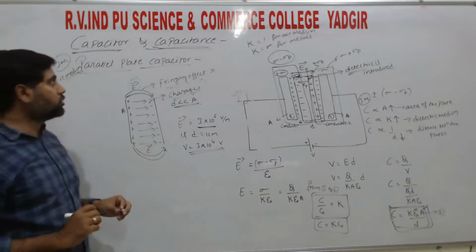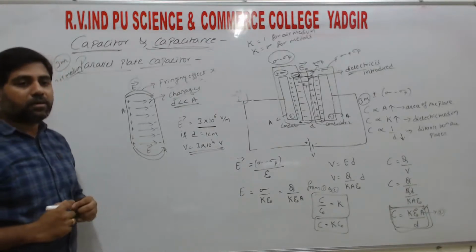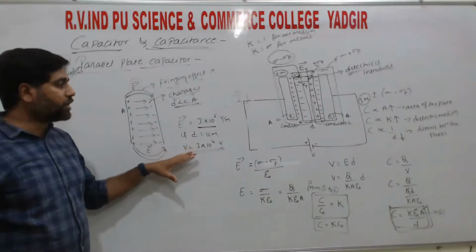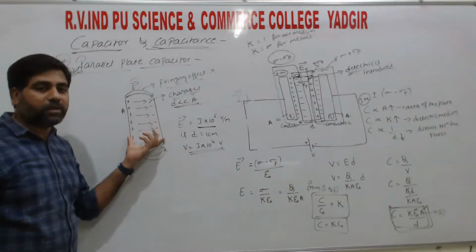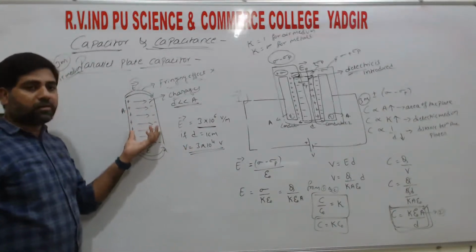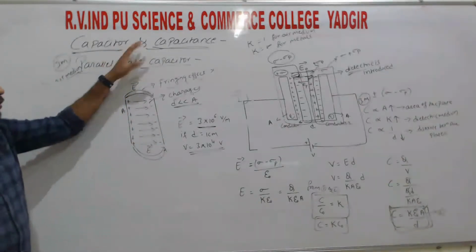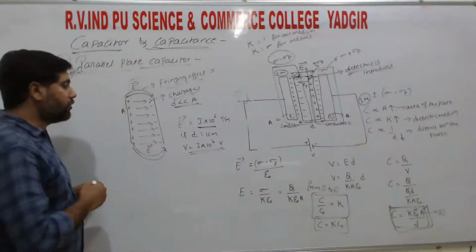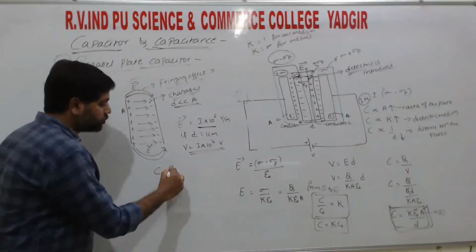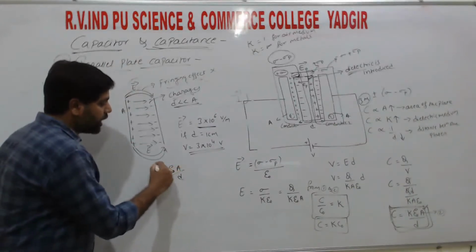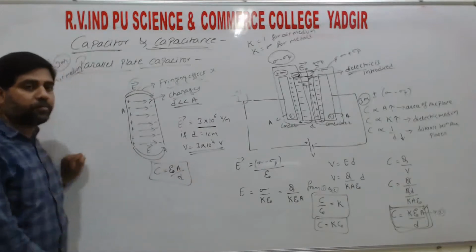So this is about the capacitor and capacitance. Simply, a capacitor stores the charges in between the conductors, right? That property we call capacitance, right? The unit of capacitance is farad, and we have the main relation C is equal to epsilon naught A divided by D, right?